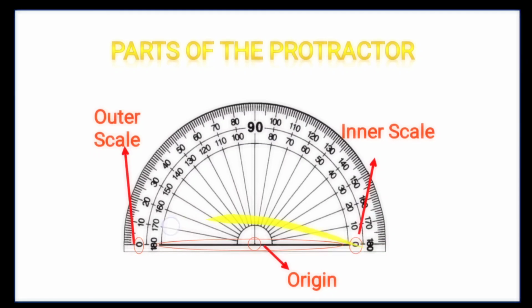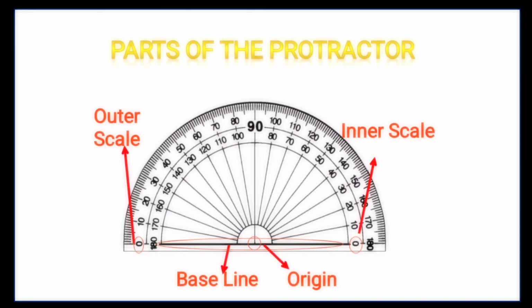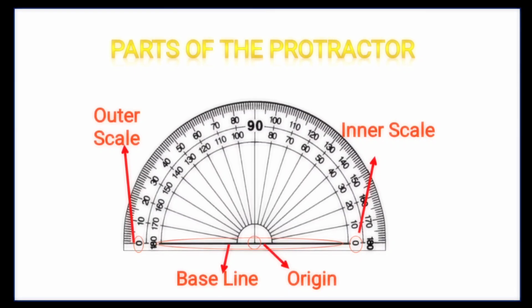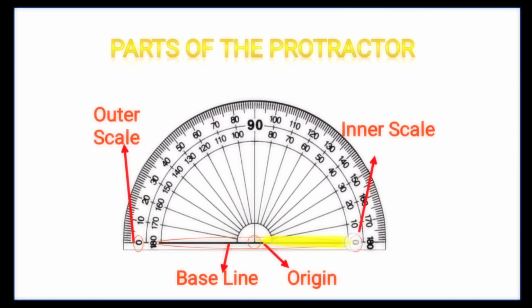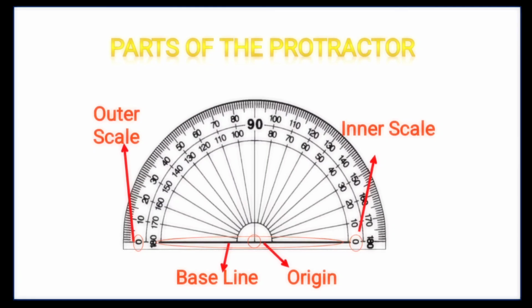Then, this line is the base line, okay? Because we will align the base of the given angle. We will align that. So earlier we aligned the side OB on this marking.